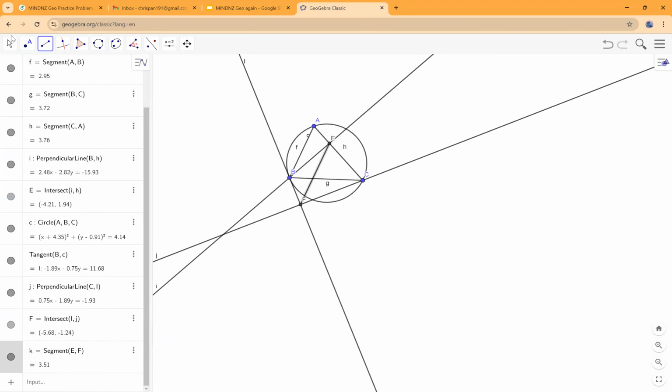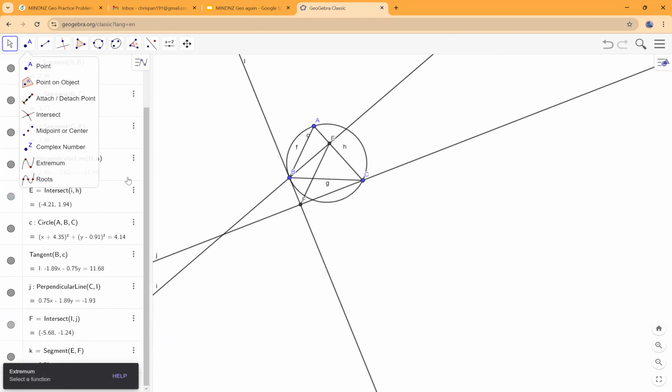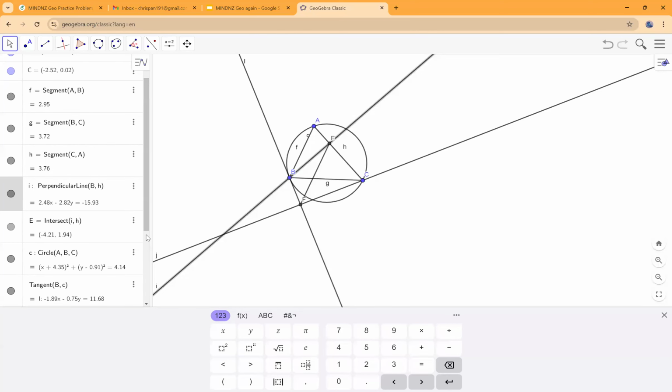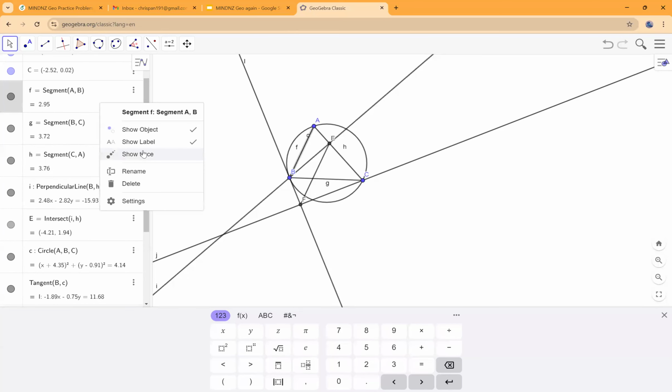Okay, before we start with this, I just want to ask, is everyone comfortable or familiar with properties of cyclic quadrilaterals? Is this something you guys have covered in a previous lesson?